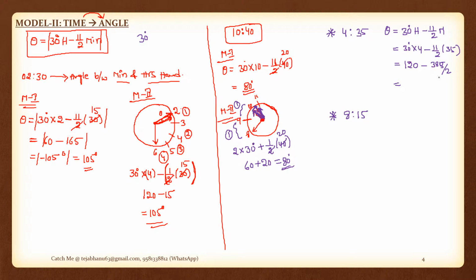That is 192.5. That is 120 minus 192.5, which is 72.5 degrees.